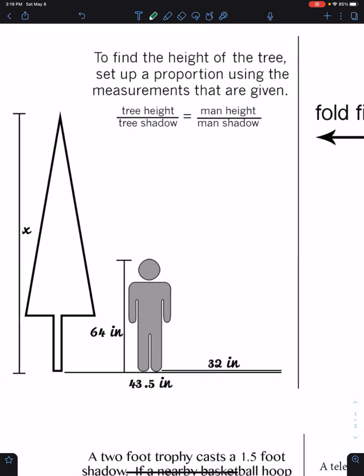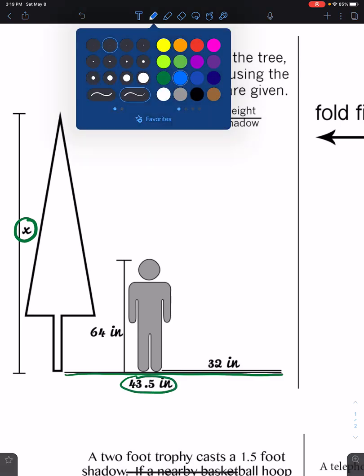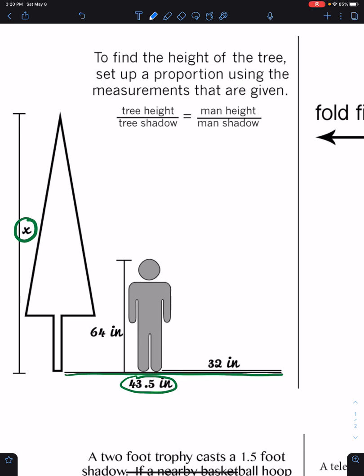So to find the height of a tree, we could set up a proportion using the measurements that are given. You can see we have this tree. We don't know how tall it is, so we're calling it X. And it's casting this shadow on the ground here. That's 43.5 inches. And then we have a person standing nearby, and that person is 64 inches tall, casting a 32-inch shadow.